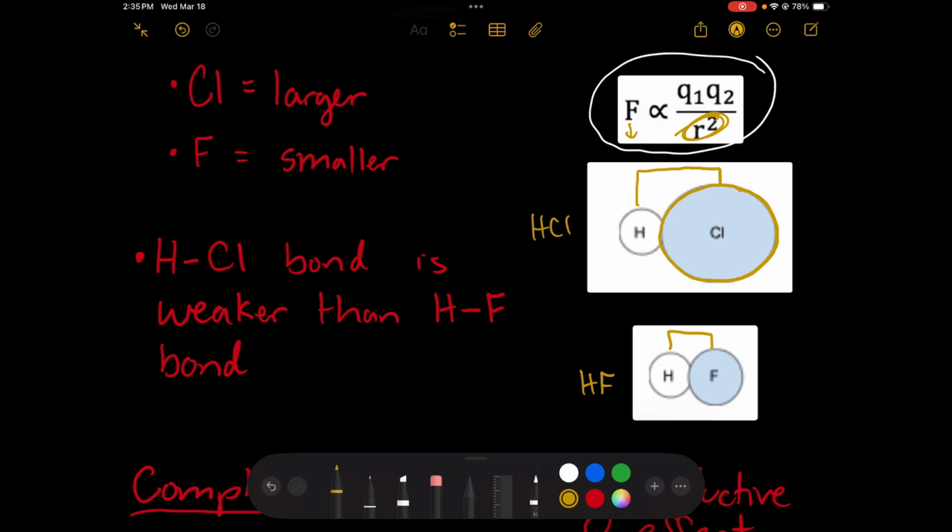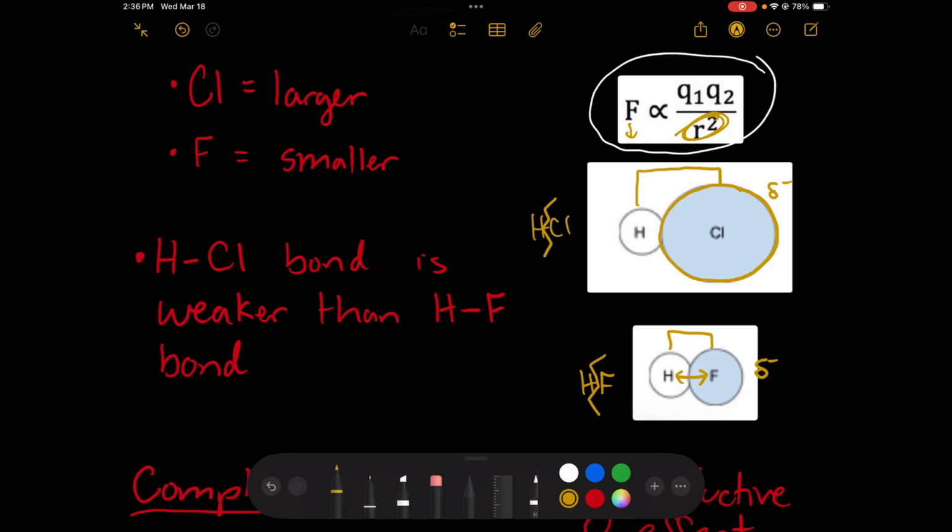In addition, we have to think about the electronegativity of our atoms. Fluorine is far more electronegative than chlorine is. So fluorine's attraction to hydrogen is going to be stronger, making it harder for that molecule to break up, whereas HCl can break up far more easily.